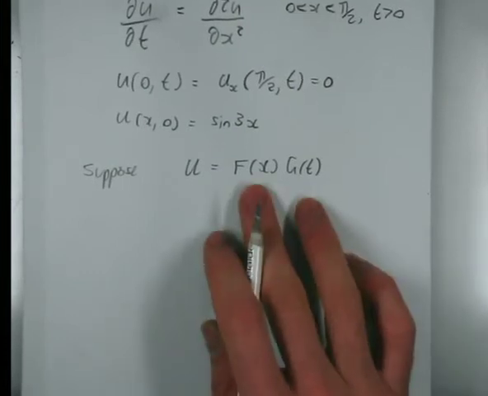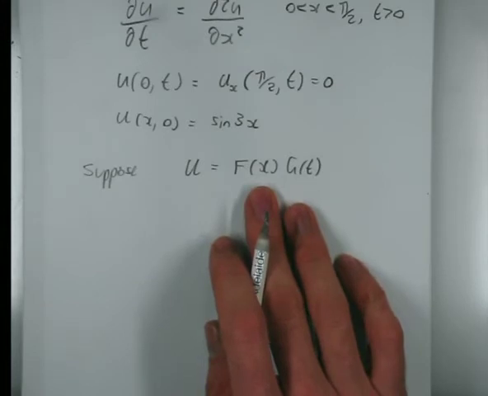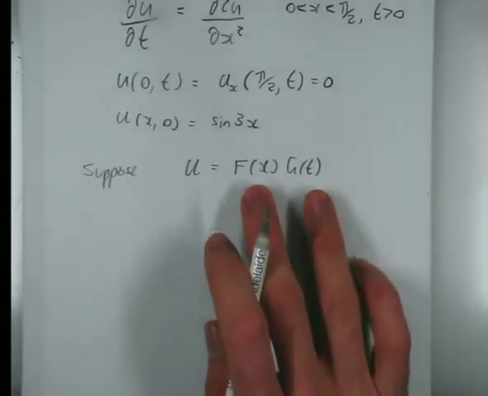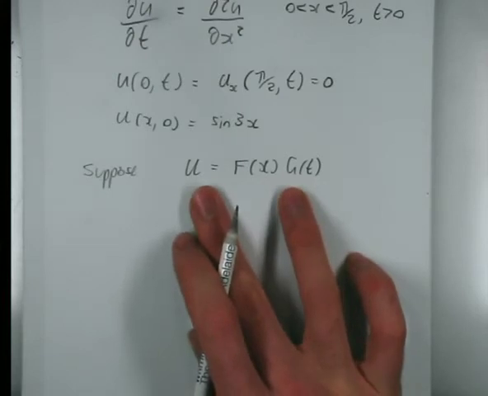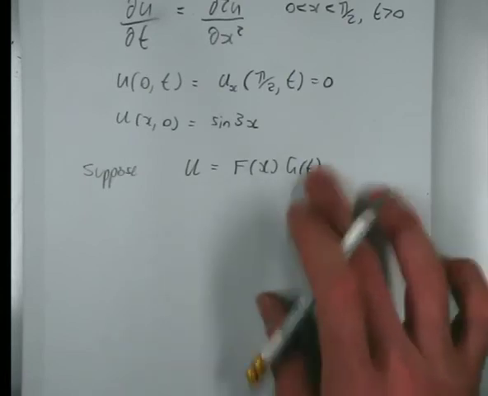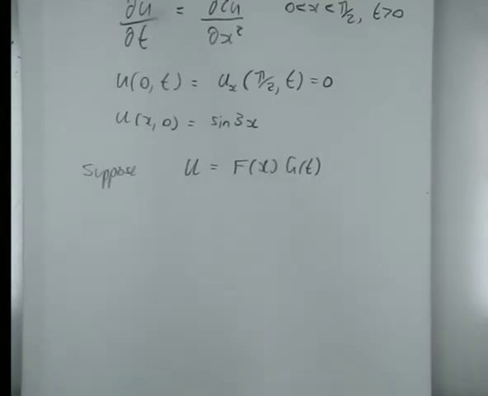So, right. The whole purpose of this is to try and figure out separately what the F and G are, and then later on multiply them together to give U. The problem is I'm going to get a whole sequence of possible F's and a whole sequence of possible G's, and I'm actually going to get an infinite series of F's times G's to make my U. So that's what's going to happen eventually.